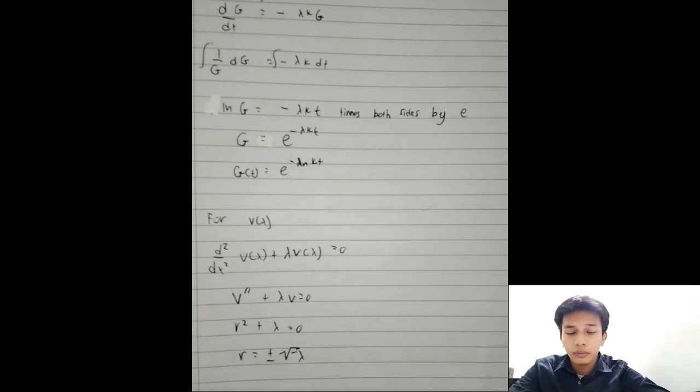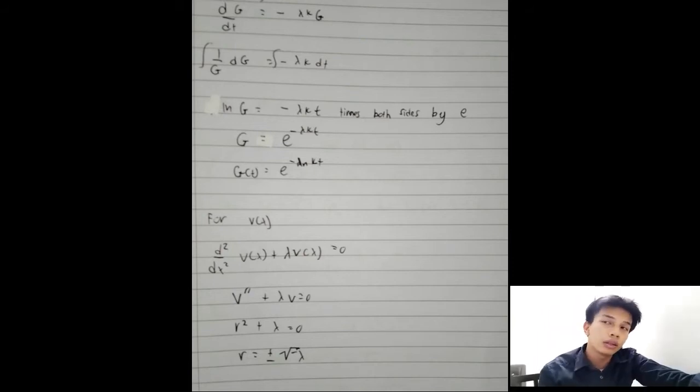We move the term λkg to the right-hand side, which produces dg/dt = -λkg. We can solve this equation by integrating: (1/g) dg = -λk dt.